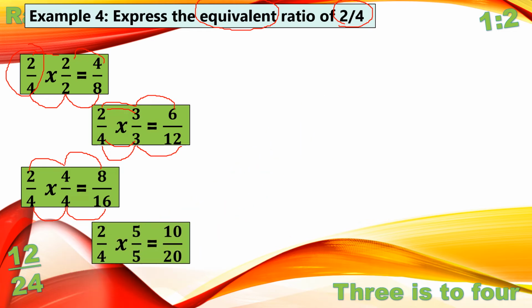So, next, 2/4 times 5/5 equals 10/20. So, again, balik na rin. 10 divided by 5 equals 2, and 20 divided by 5 equals 4. So, pwede kayong pumili ng number na pwede nyo i-multiply para makakuha kayo ng equivalent ratio or katumbas.